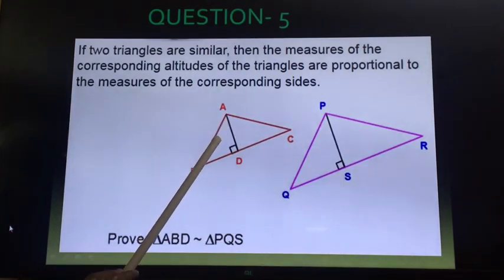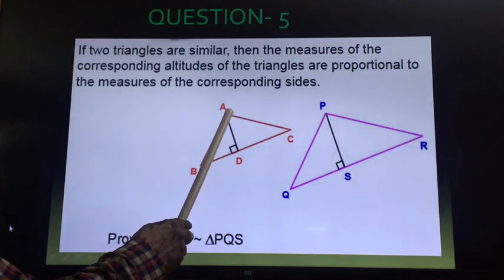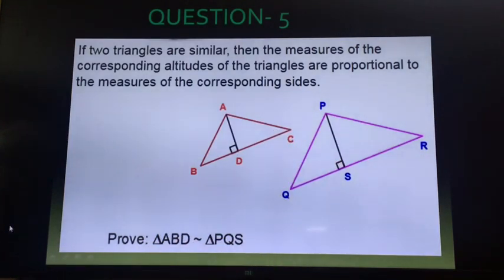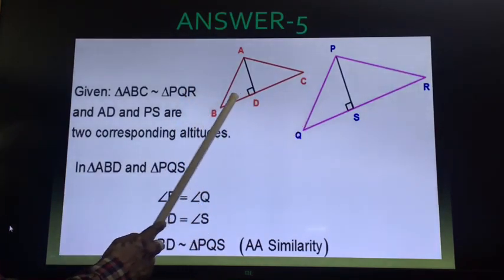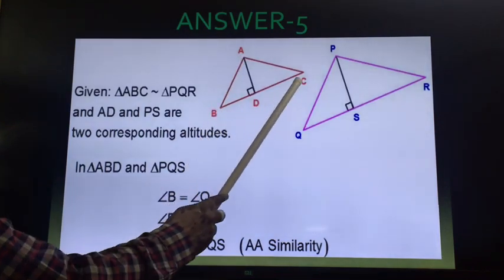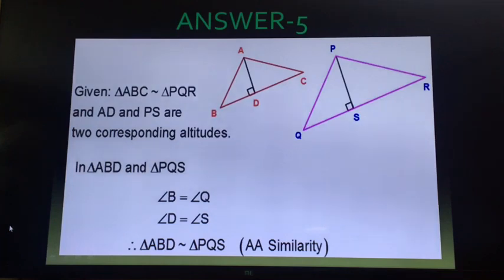So in this case, we will take triangle ABD and triangle PQS. In these two triangles, what will happen? Your angle B is equal to angle Q. Why? Because triangle ABC is similar to triangle PQR, and if triangles are similar, then angles are equal.